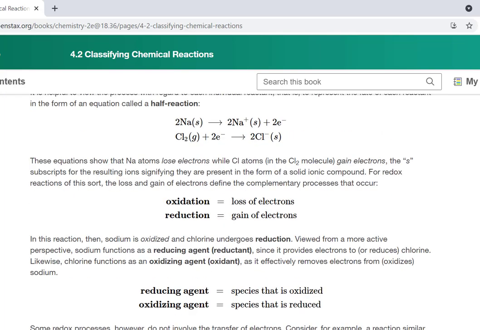We also can talk about reducing agents and oxidizing agents. And the idea here is when we say it's an agent, it means we're trying to use it to do something to something else. So the reducing agent is oxidized, the oxidizing agent is reduced. Again, these two always go together.